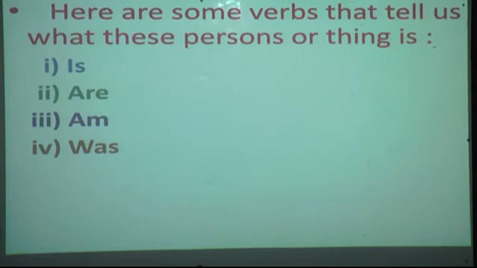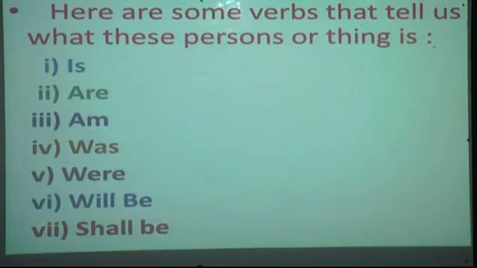It is there on your page 45. So in this category of verb, what a person or thing is, these are the 7 words. There are many other words too, but the limited words we have given here are is, are, am, was, were, will be and shall be.